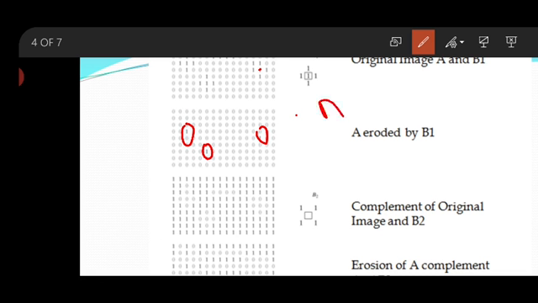That is what you have performed here, A eroded by B1, because wherever B1 exactly matches on A, you retain that center pixel, and the rest will be erased. Hope you understood this.